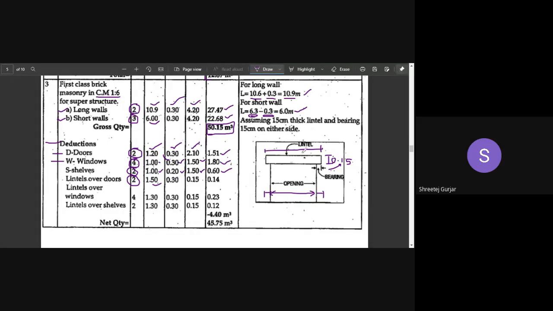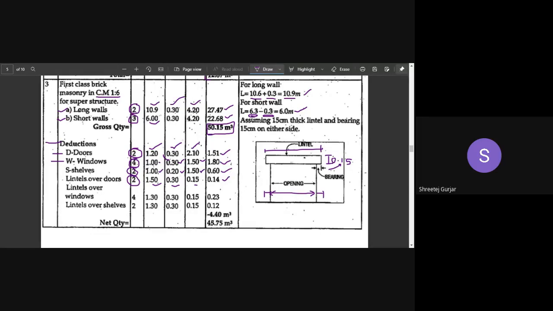This is your lintel length: 0.15 plus 1.2 plus 0.15, so 1.5 meters in length. The thickness will be the same as the wall thickness, that is 0.3, and the depth or height of the lintel is 0.15. Multiplying number into length into breadth into depth, I get the lintel over doors quantity in meter cube.